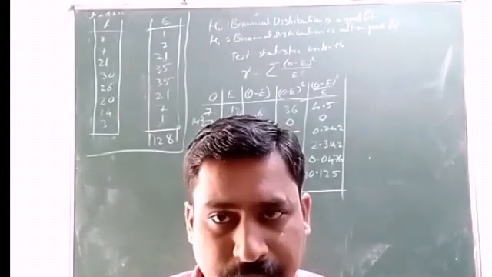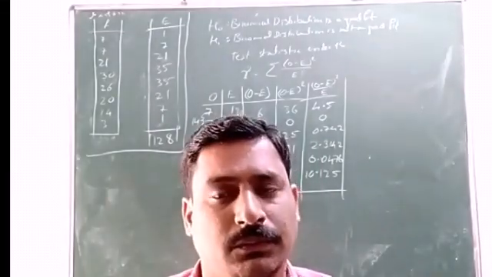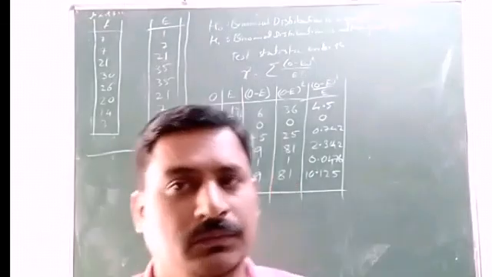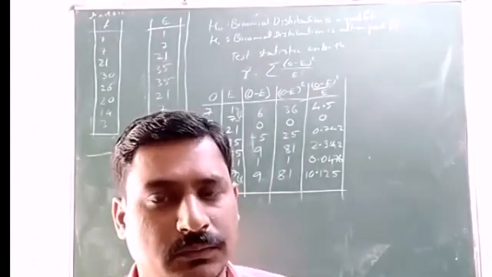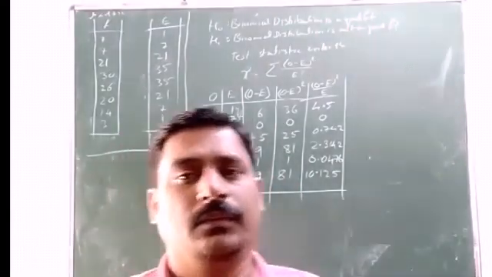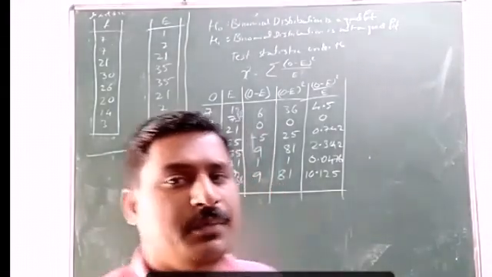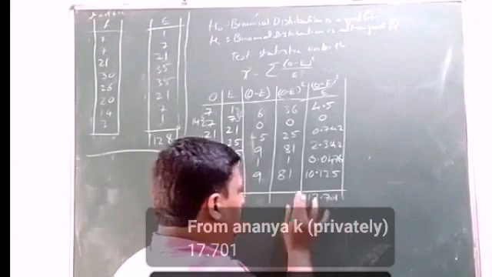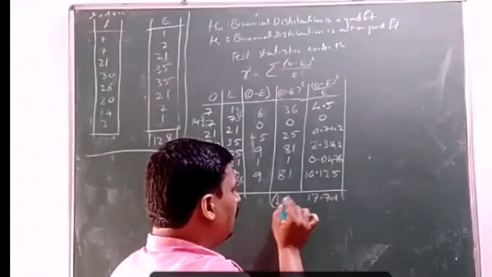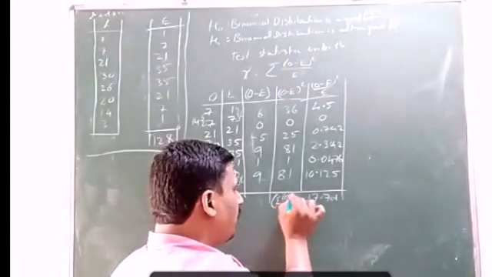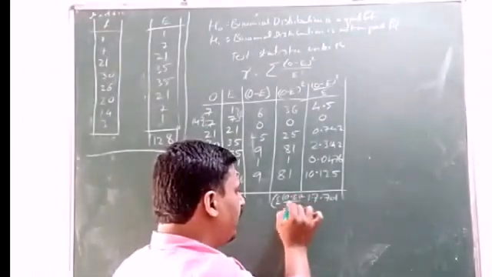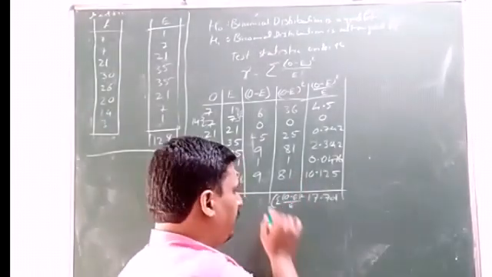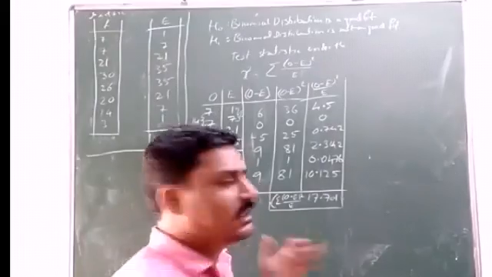The total is 17.701. This is what? Summation of (O minus E) square divided by E. Okay, this is our answer.